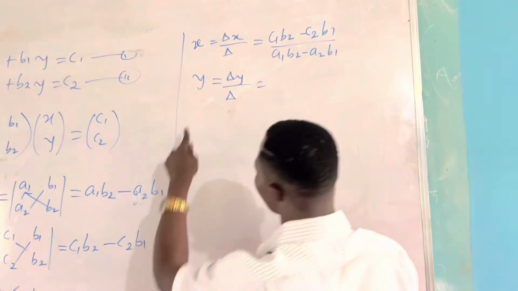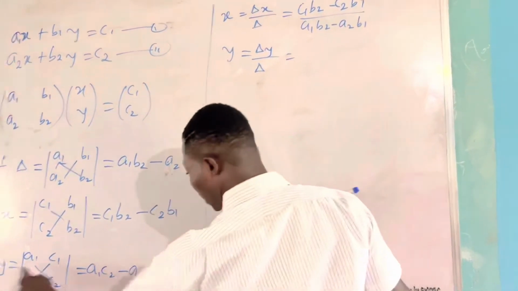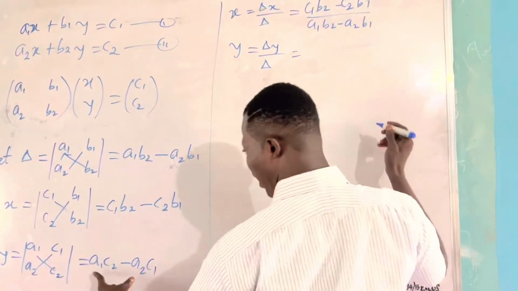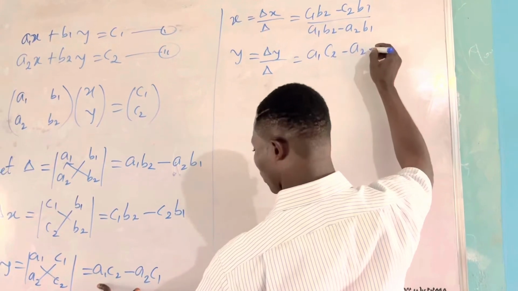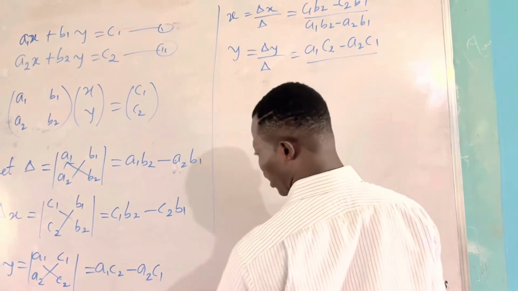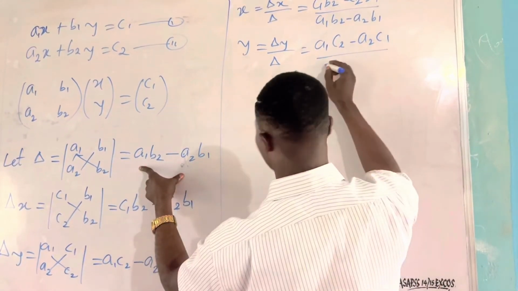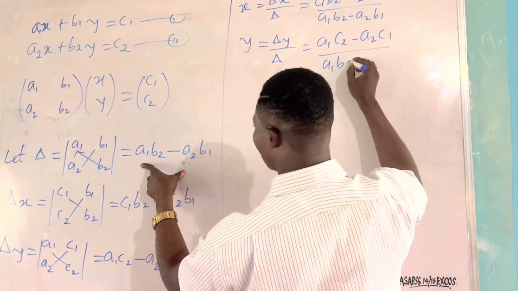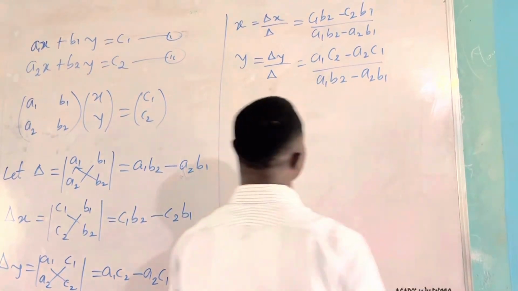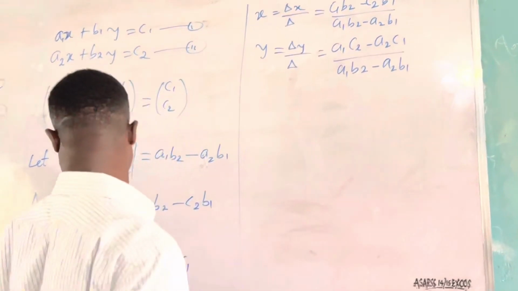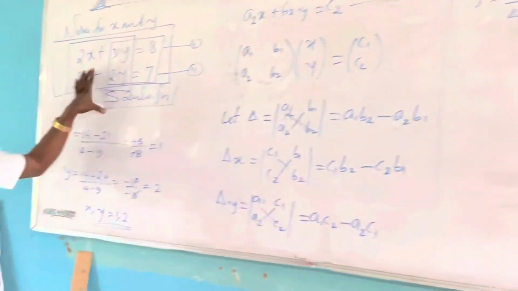The determinant of y is A1, C2 minus A2, C1, all over the general determinant, A1, B2 minus A2, B1. This is the logic that I used to solve this system of linear equations.